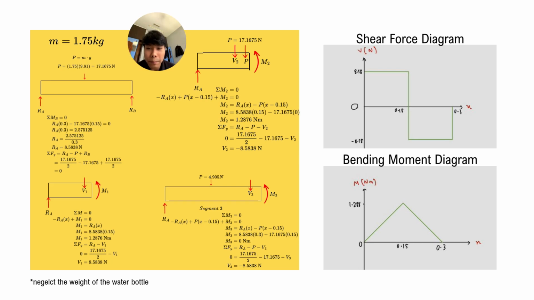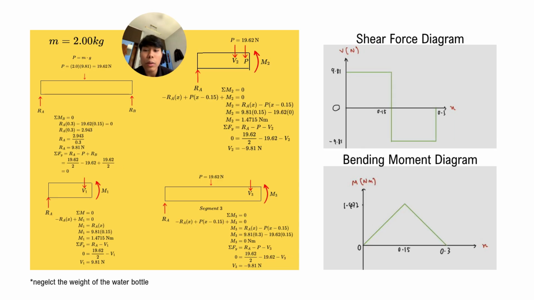So for the mass equal to 1.75 kilo, we get the value for V1, V2, V3 equal to 8.5838. And for the moment, we get 1.2871. So once again, we draw a shear force diagram and bending moment diagram.